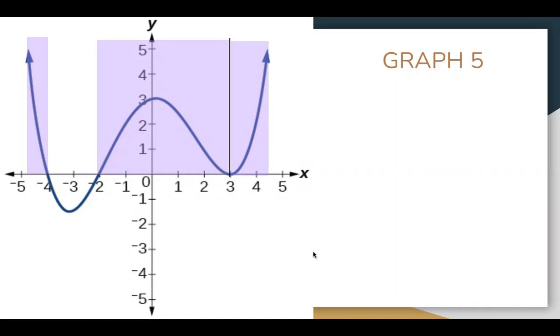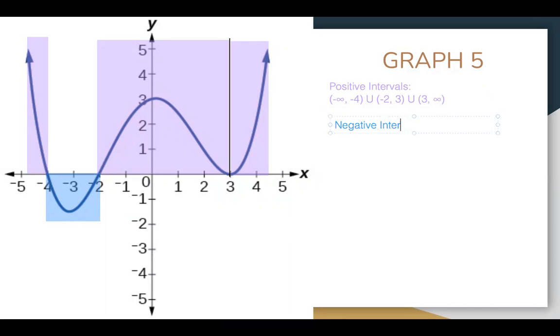And then we are negative in this little baby piece over here. Wrong color. So positive intervals, we start at an arrow, so that's negative infinity to negative 4. Then we go from negative 2 to 3, and because of that x-intercept, we had to restart from 3 to infinity.